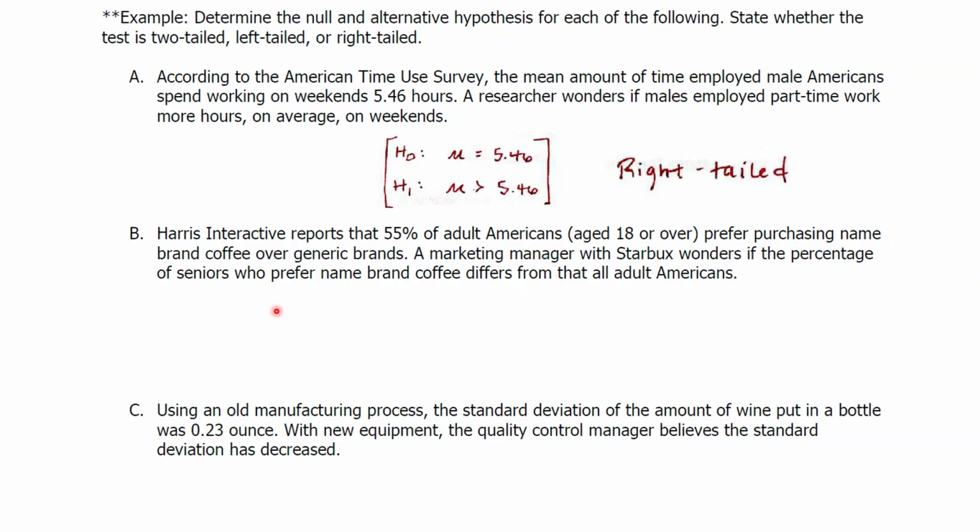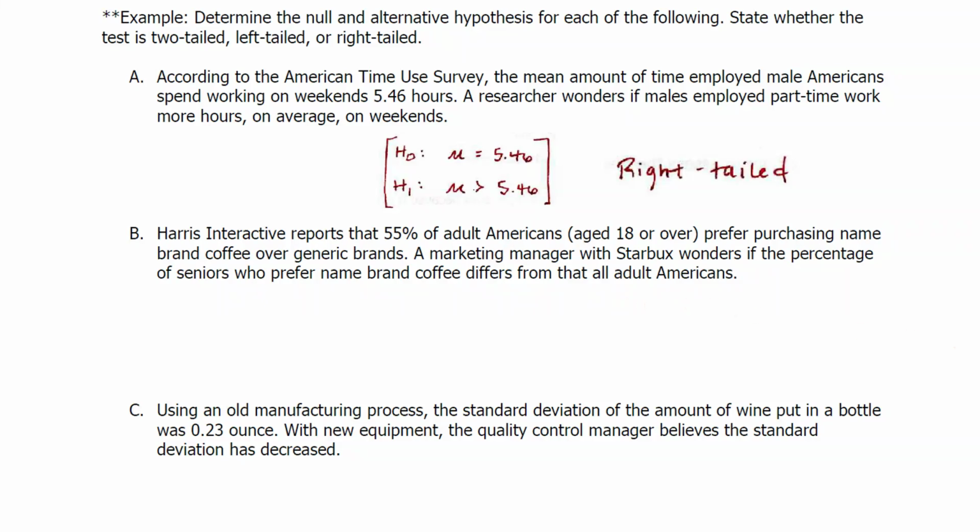All right, Harris Interactive reports that 55% of adult Americans aged 18 or over prefer purchasing name brand coffee over generic brands. A marketing manager with Starbucks wonders if the percentage of seniors who prefer name brand coffee differs from that of all adult Americans.